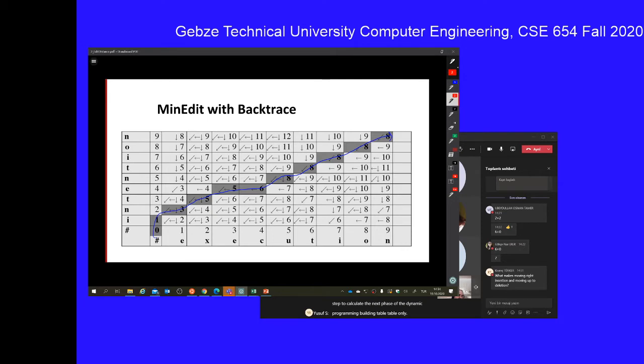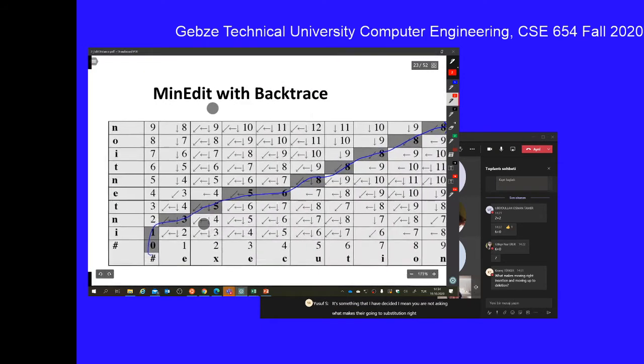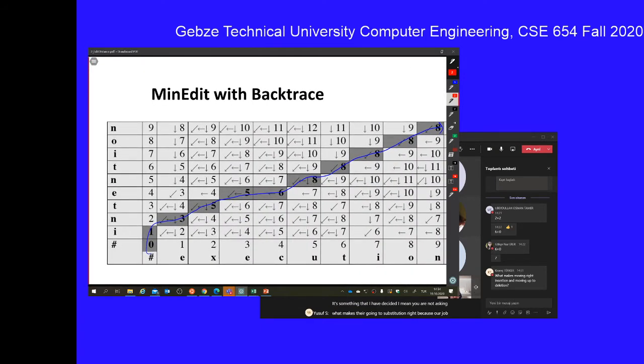Kıvanç has a question. He asks what makes moving right insertion and moving up deletion. It's something that I have decided. I mean, you are not asking what makes the diagonal substitution, right? Because our job is converting this intention to execution. If I move up, the meaning of 9 is you need to delete 9 characters to get to the null string.